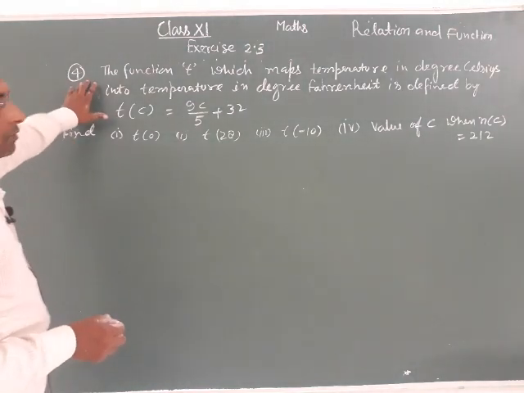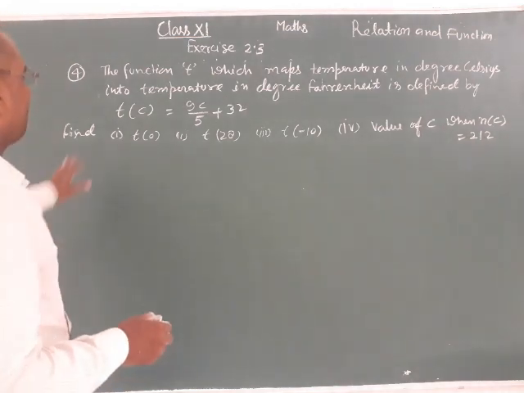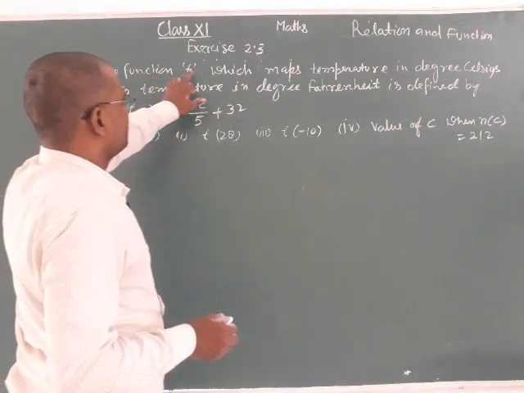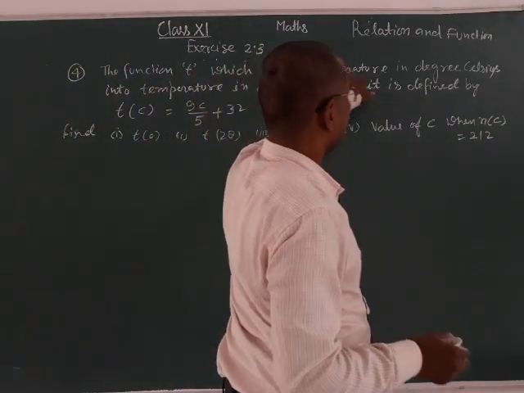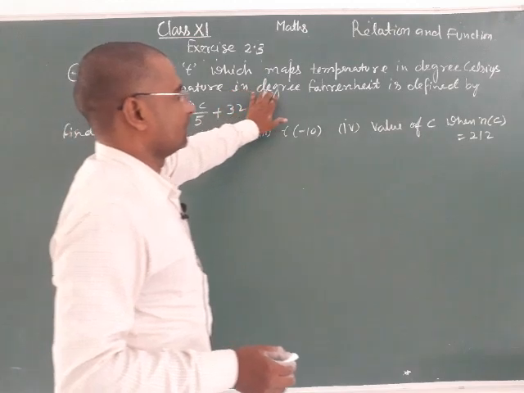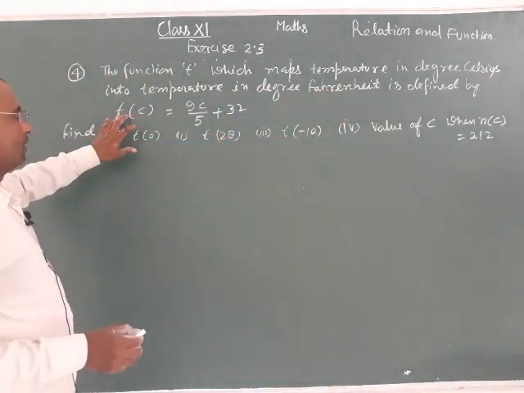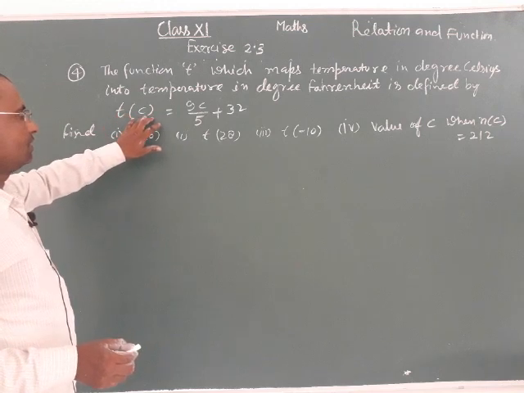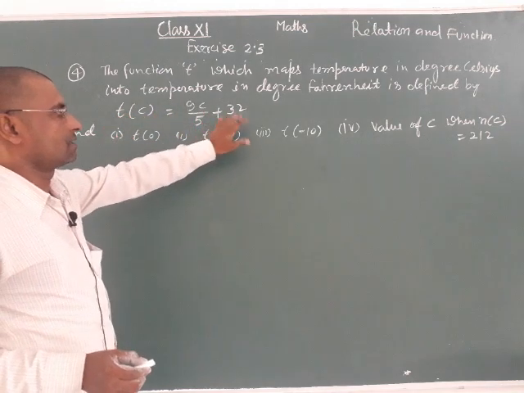Question number 4. The function T which maps temperature in degrees Celsius into temperature in degrees Fahrenheit is defined by T(C) = 9C/5 + 32.